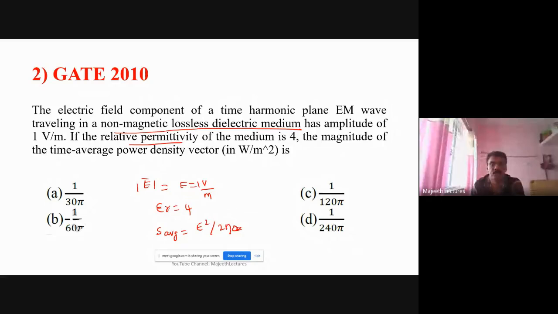They have given eta 125. Then what is the use of epsilon r? That is what we have to remember. So we must know E is 4.